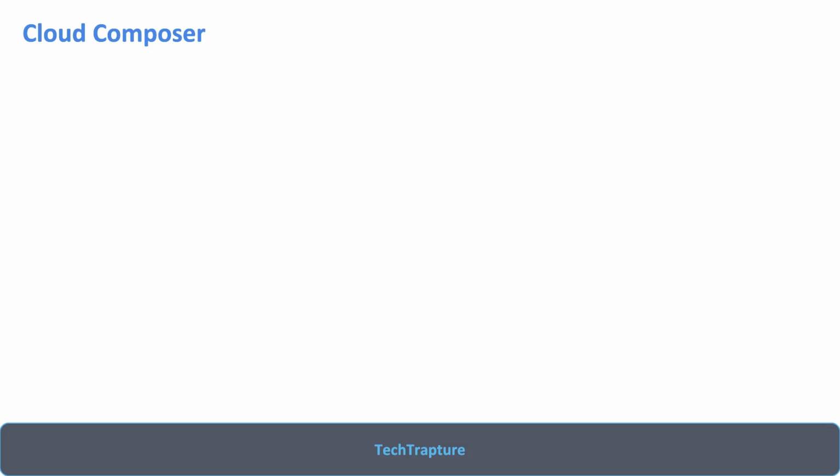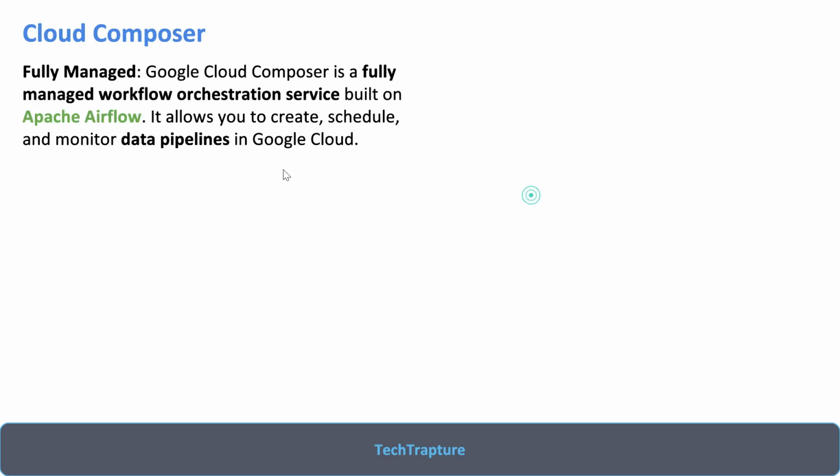Now we are clear that Airflow is used to create a data pipeline and handle the dependencies. Now Cloud Composer, as I mentioned: Google Cloud Composer is a fully managed workflow orchestration service built on Apache Airflow. It allows you to create, schedule and monitor data pipelines in Google Cloud.